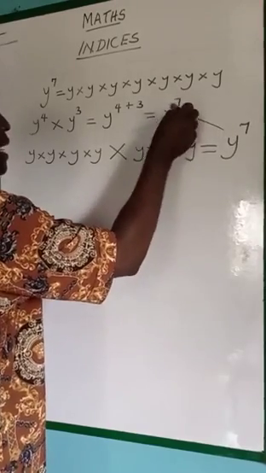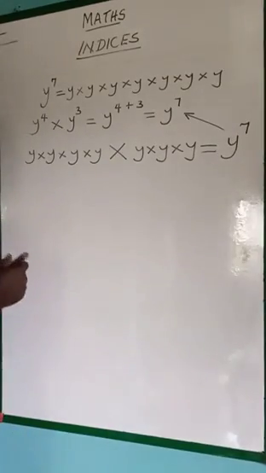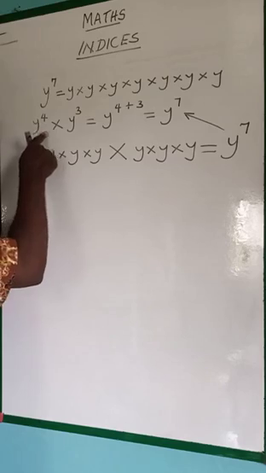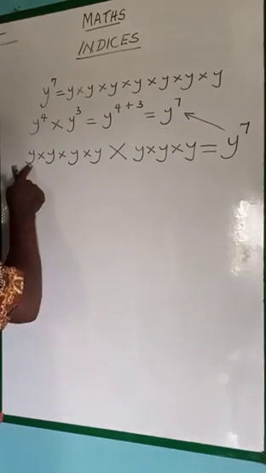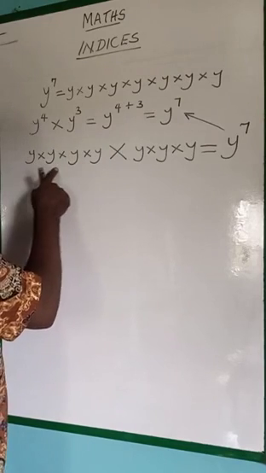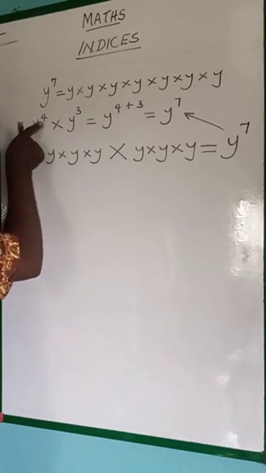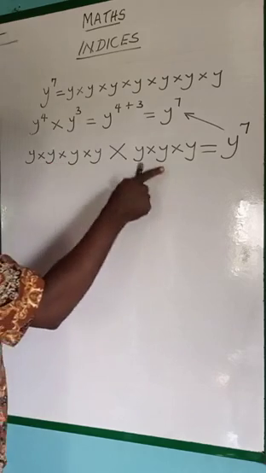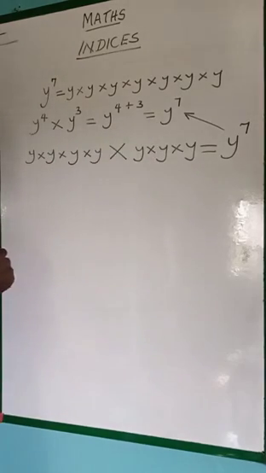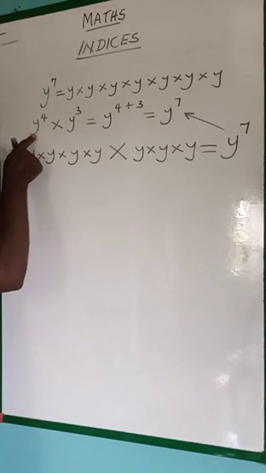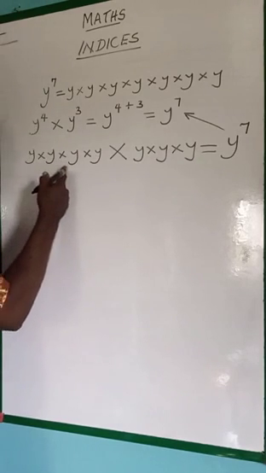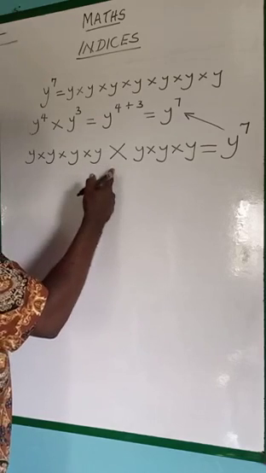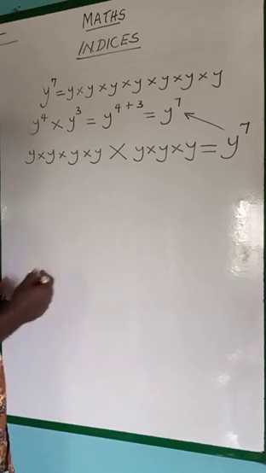So it means that the law only makes it simpler for us to do. But if you want to expand it, you will expand based on the power and you will still have the same answer. So the power or the indices form or the long expression or expansion form is the same.